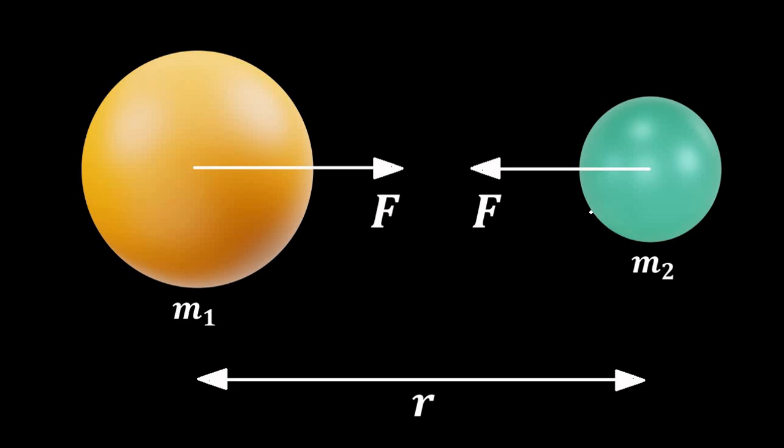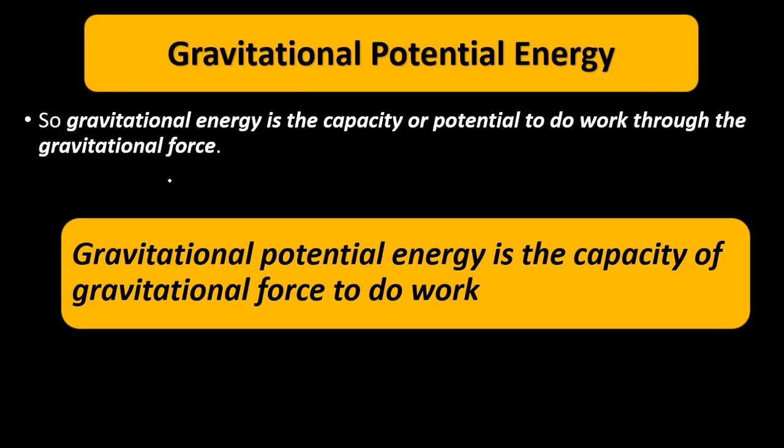So we can say that gravitational force can perform work by changing the position of an object upon which the gravitational force is acting. So gravitational potential energy is the capacity or ability or potential to perform work, to cause change through gravitational force. It is the ability of gravitational force to do work.